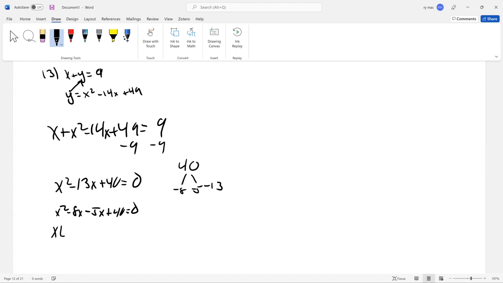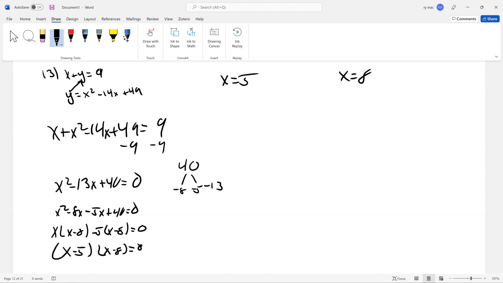So X parentheses X minus 8, minus 5 parentheses X minus 8. So I get X minus 5 times X minus 8. So that tells me that X is equal to 5 and that X is equal to 8.